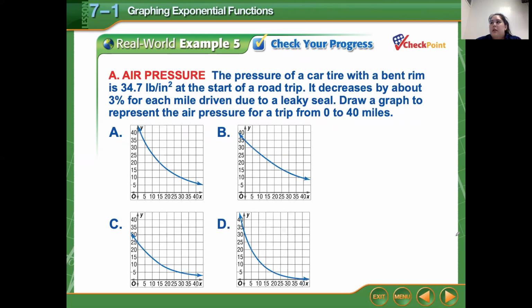So here is a problem for you to go ahead and try. Draw the graph to represent the air pressure for a trip from 0 to 40 miles given the information.